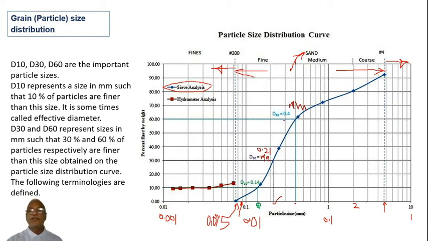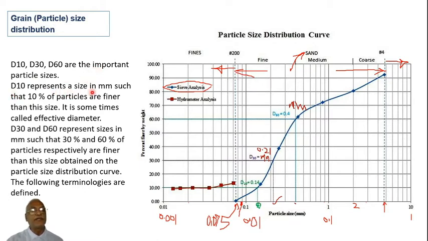D60 is equal to 0.4 mm. Now I'll read out the whole thing. D30, D60 and D10 are the important particle sizes. How we are going to use these, we'll see later.